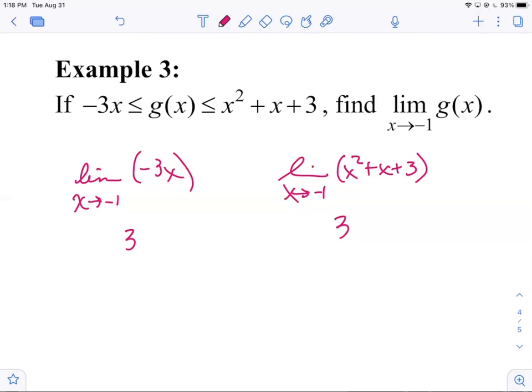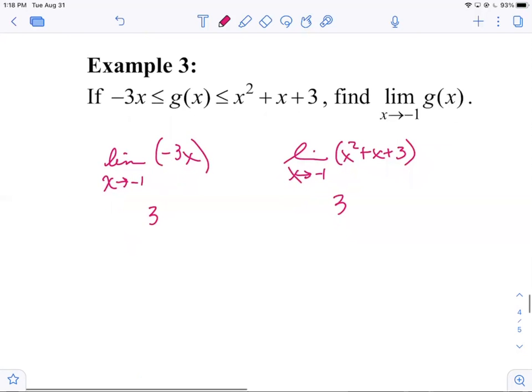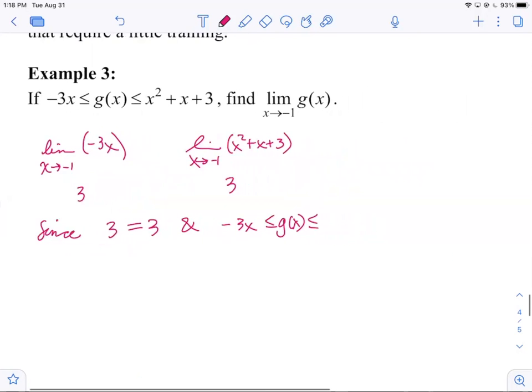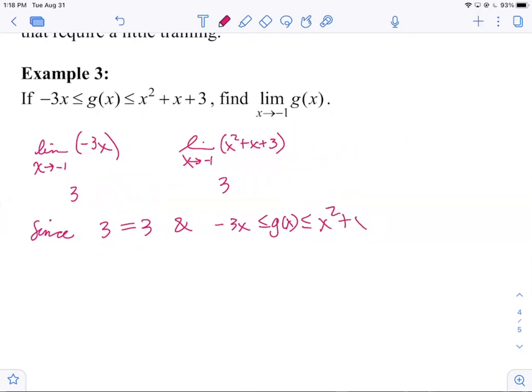We don't even know if g of x is defined there. We just know that g of x is bound between there. Now, here's what we say, okay? Since, and you could say because as well, since 3 equals 3 and negative 3x is less than or equal to g of x is less than or equal to x squared plus x plus 3.